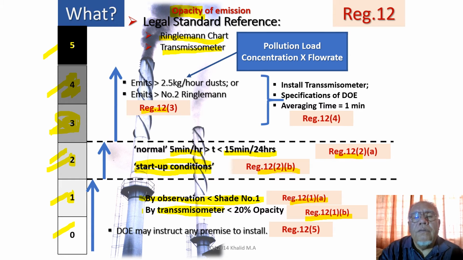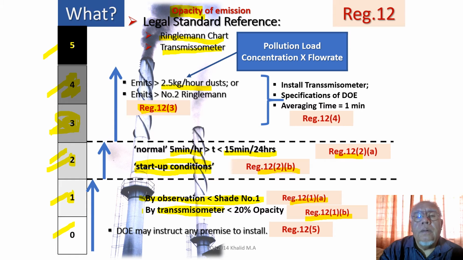Sub-regulation 12.3. Kita bincang ni. Sub-regulation 12, sub-clause 3. If our emission opacity is 3, 4, and 5, meaning above opacity 2, we are obliged to, tengok, jangan terus pasang, tengok dulu, measure the dust load.